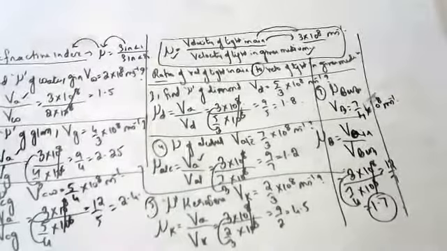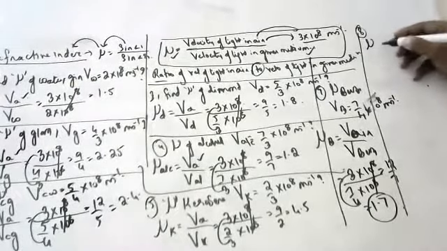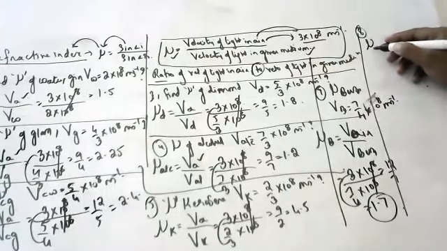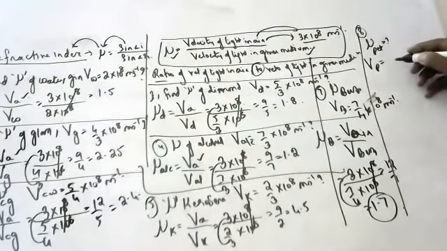Next, Surya, can you tell? Yes, sir. Find refractive index of petrol, given that velocity of light in petrol is 7 by 3 into 10 to the power of 8 meters per second.